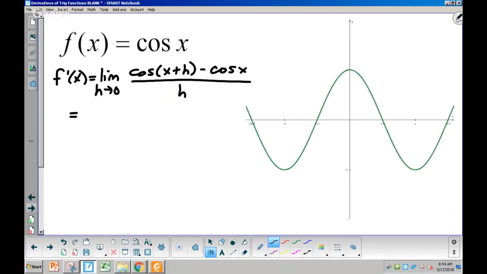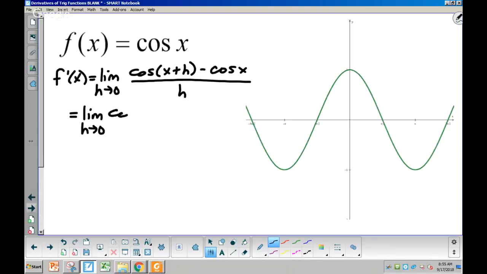The answer is no, because I can't have a 0 in the denominator. So I'm going to have to use the cosine of the sum formula, which is now cosine, cosine, sine, sine, and the signs are opposite.